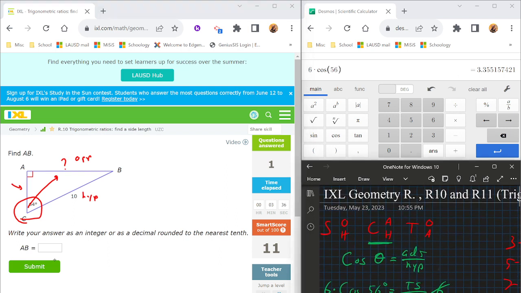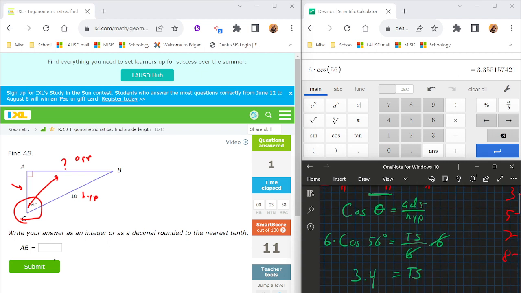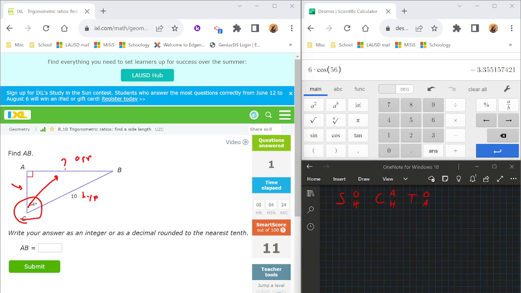I look back at my SOHCAHTOA. Had to pause there to erase that work. I got opposite, I got hypotenuse. That's right there, that's sine. So we got sine of some angle theta equals opposite over hypotenuse.